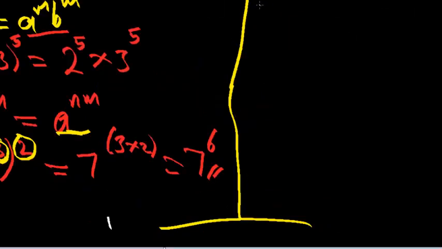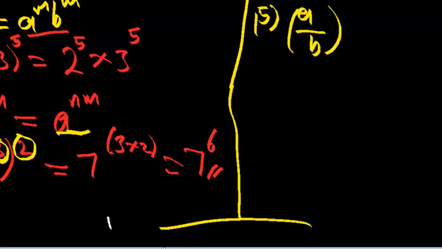We have another property or law, and let's call that 5. And that is, if you have (a over b) exponent n, this is going to give you a exponent n over b exponent n.